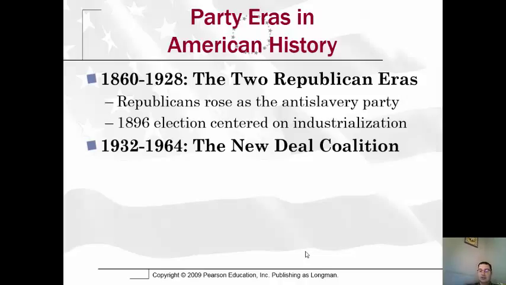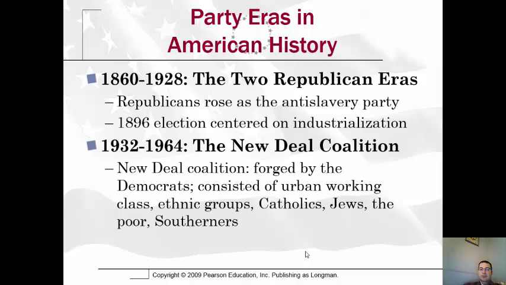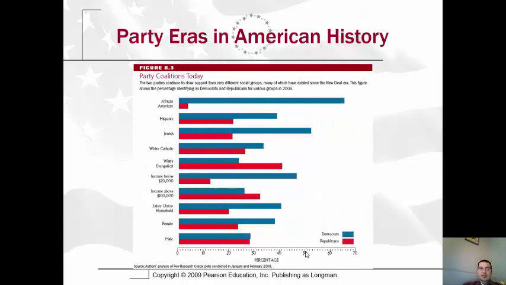As I mentioned, 1932, FDR is elected and creates the New Deal coalition. Just had a lot of people that came together, right? The Democrats brought in working class people, ethnic groups. Southerners started voting from an economic standpoint in favor of the New Deal.